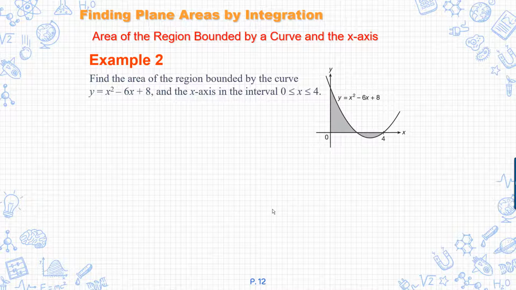The second problem is a little more interesting. The reason is, it is going above the x-axis in some interval as well as below the x-axis in some other part of the interval. Find the area of the region bounded by the curve y equals x square minus 6x plus 8 and the x-axis in the interval 0 closed to 4.